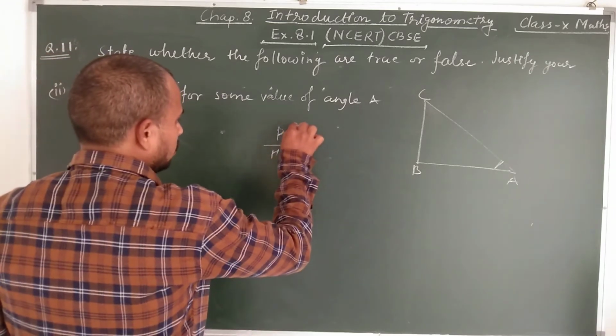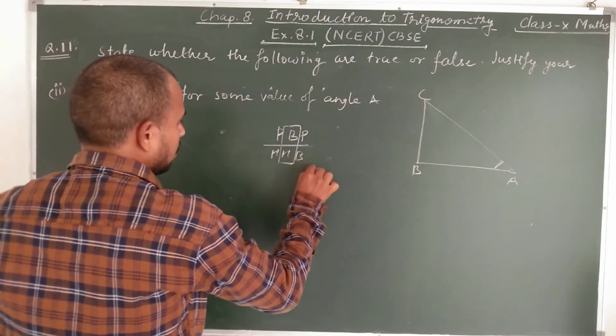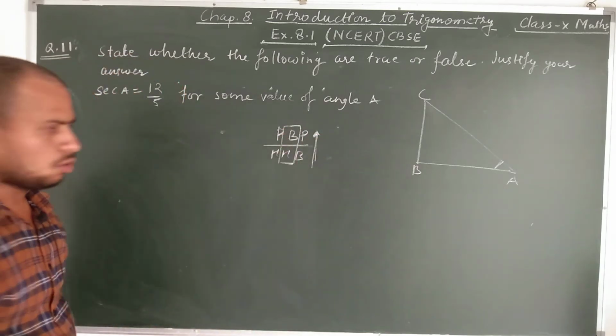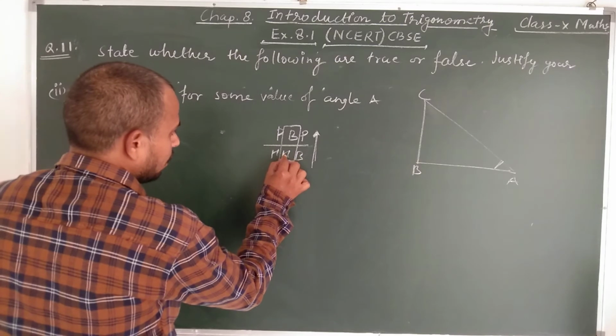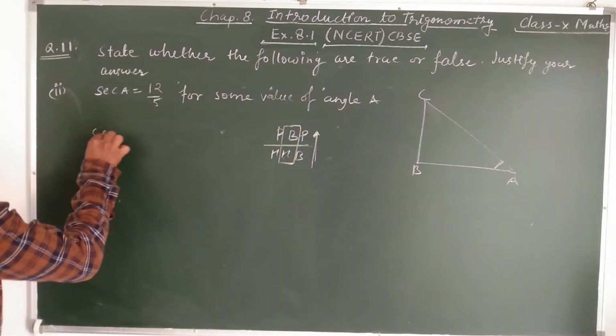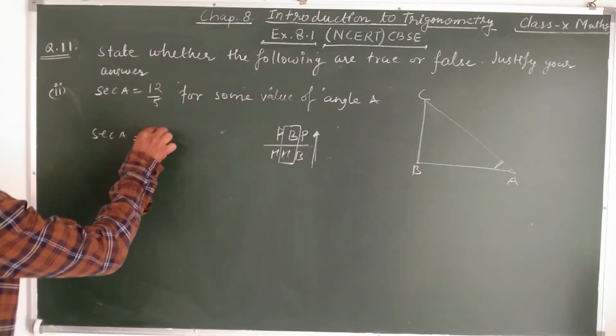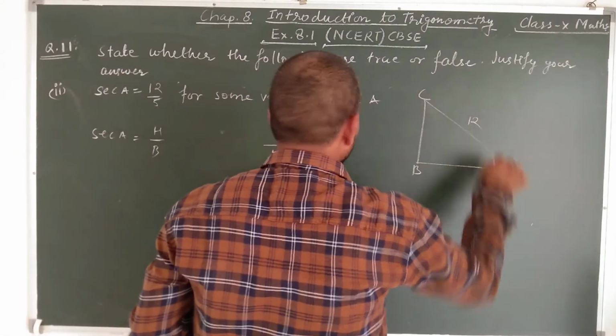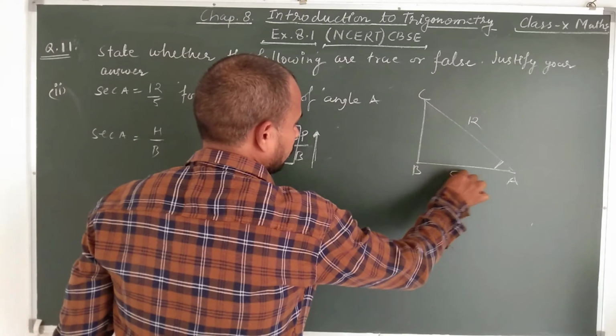If we go from bottom to top, sec means hypotenuse upon base. So hypotenuse is 12 and base is 5.